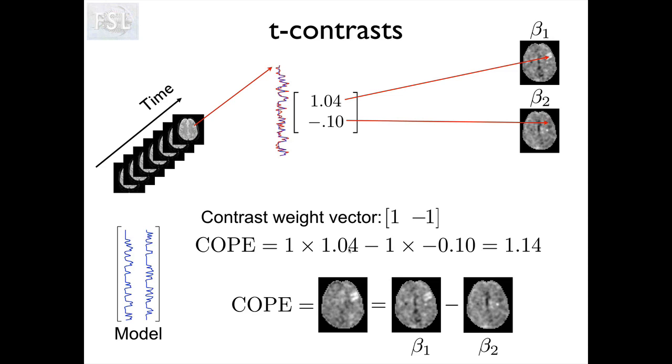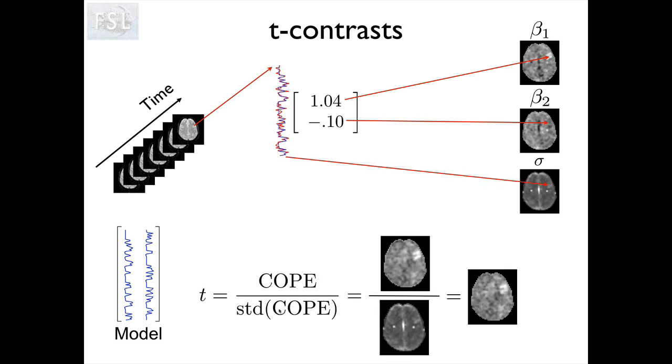So the cope is 1 times 1.04 minus this, and we end up with 0.14 here. The cope is simply beta 1 minus beta 2, and the t-map is the cope divided by the standard deviation of the cope as before. Now, this looks a lot like the 1, 0 map. Essentially, it's indistinguishable from that.